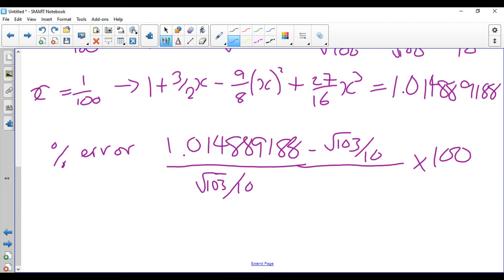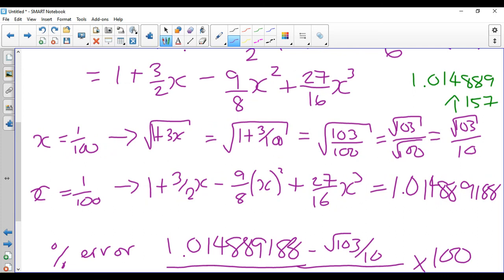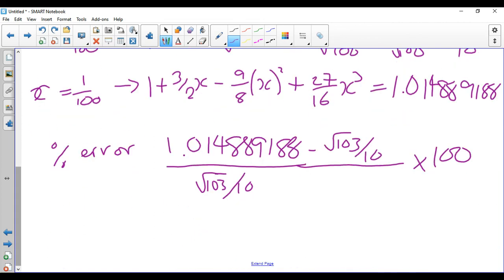I'm going to have to do this in decimal form, because if I do it in exact form in my calculator, I actually get 0 out. So 1.014889188 minus 1.014889157, divided by 1.014889157, and I times it by 100, I get the most ridiculously small percentage error question I think I've seen.